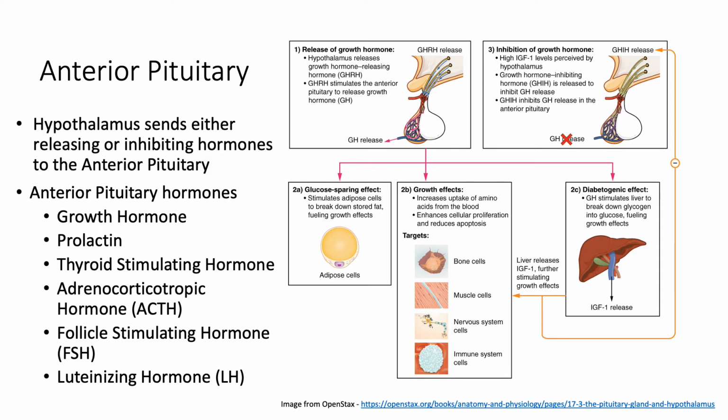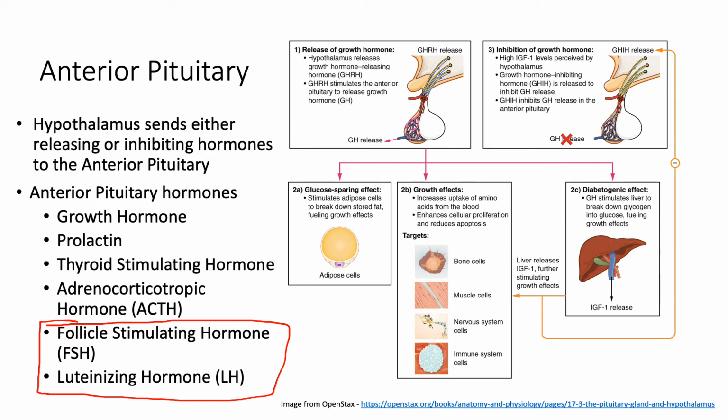Adrenocorticotropic hormone, which we'll talk about later, affects the adrenal glands and the production of their hormones. And then these last two, follicle stimulating hormone (FSH) and luteinizing hormone (LH), have to do with our reproductive organs. When we get to the reproductive chapter, we'll learn more about these.